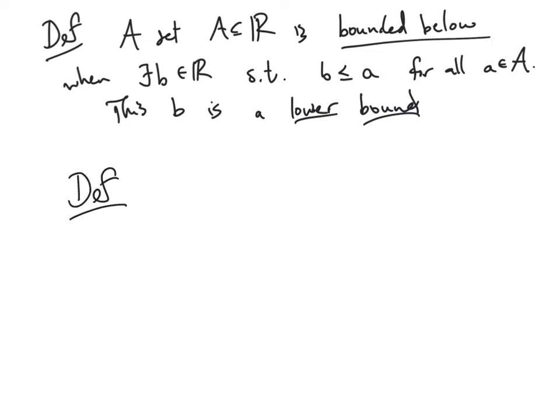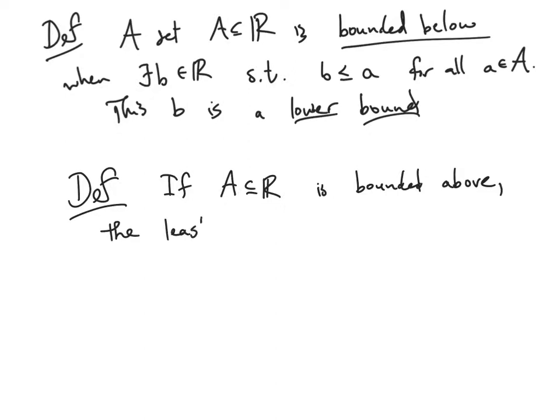Here is a big definition, which maybe you haven't heard this word before. If we have a set in R which is bounded above, like I said before, it actually has infinitely many different upper bounds. If A is bounded above, then the least upper bound has a special name.